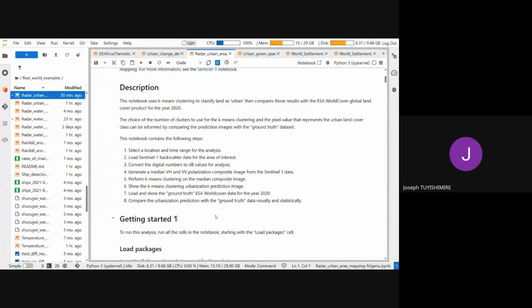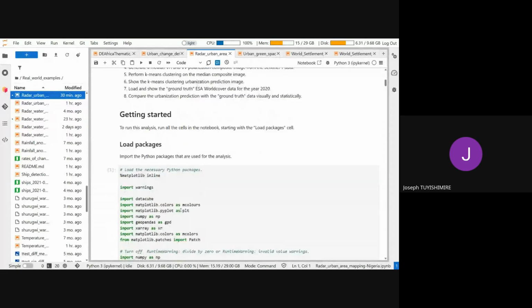Here we use unsupervised classification to separate urban and non-urban. And of course, we try to validate this using the ESA WorldCover, where the built-up class was used just to cross-check the results of our classification.